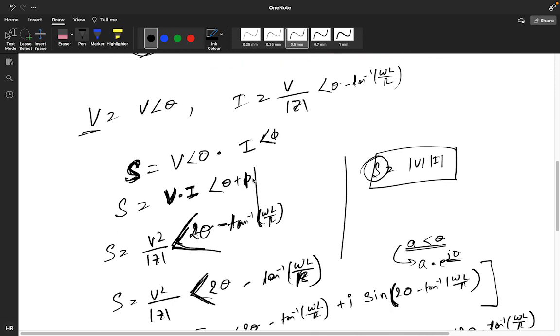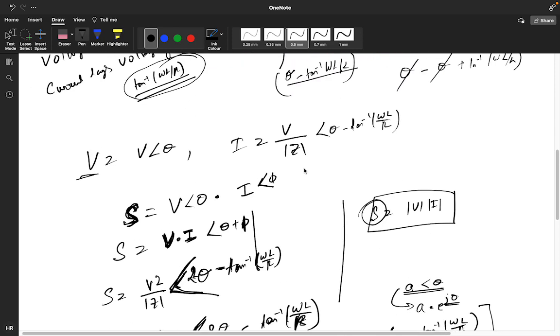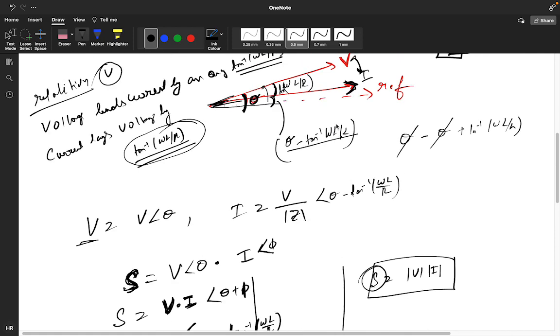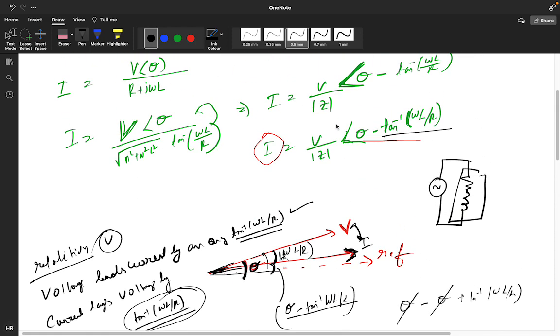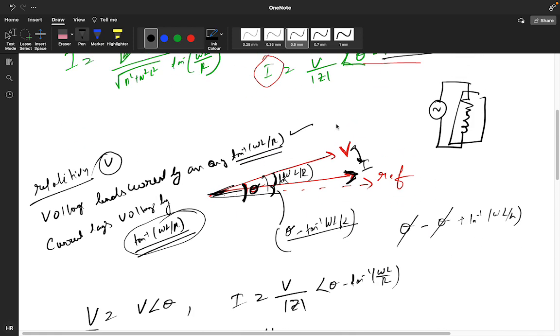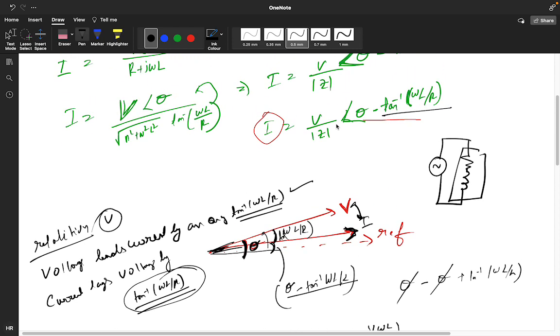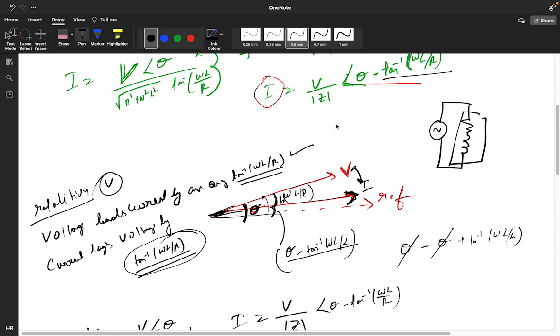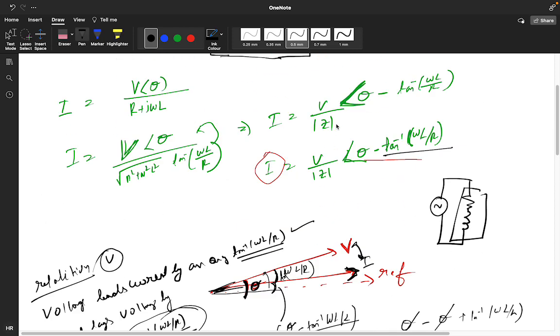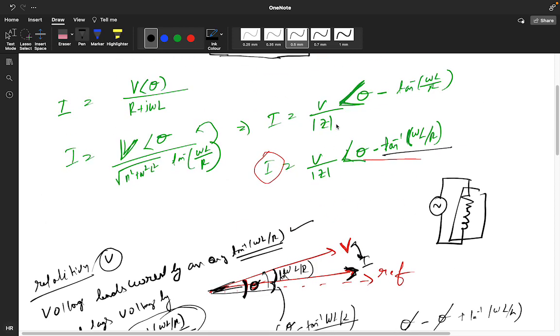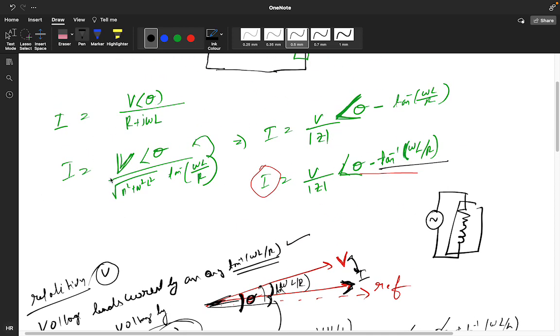So I is equal to V by mod Z at angle theta minus tan inverse.